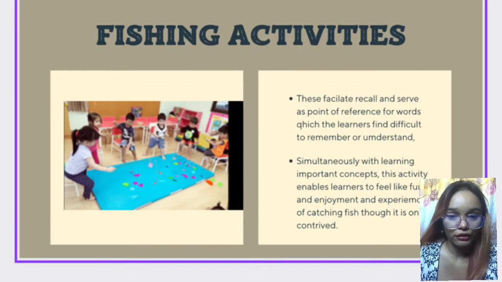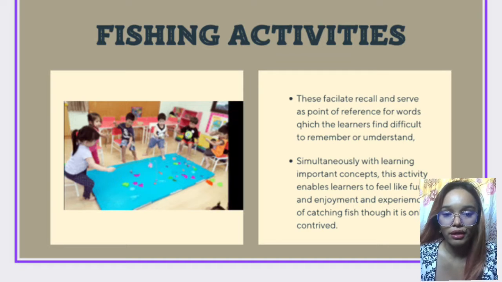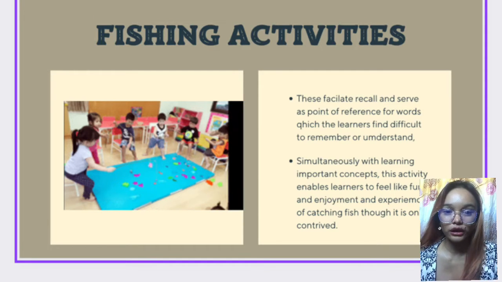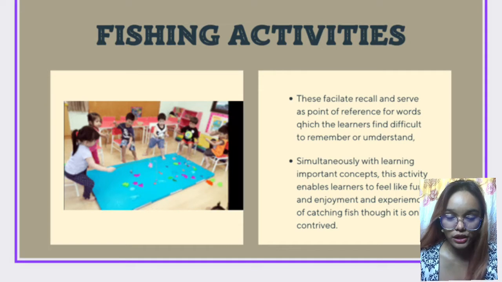Next is the fishing activity. If you are familiar with it, the learners are given instructional materials like DIY fishing rods, and words attached to the fishes, which are placed in a small pool, or let's just say on the ground, or, to make your activities more active, in a pool, with every fish labeled with words.